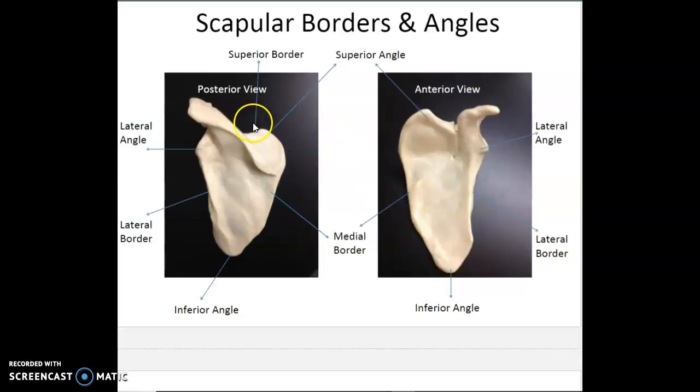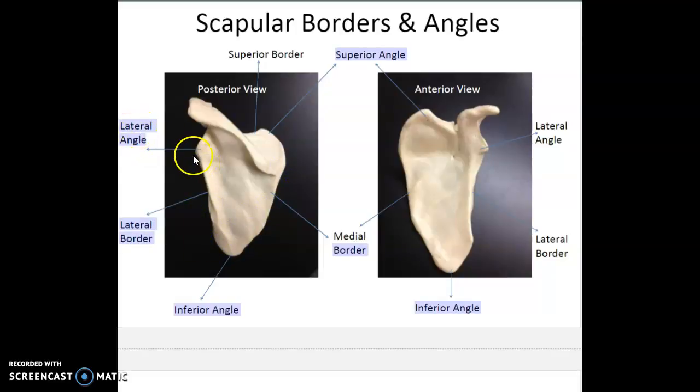Now there are angles that are also formed where these borders come together. The superior angle is formed where the superior border is meeting the medial border. So right here. The inferior angle is basically where the lateral border is meeting the medial border. So inferior angle right here, medial border and lateral border.